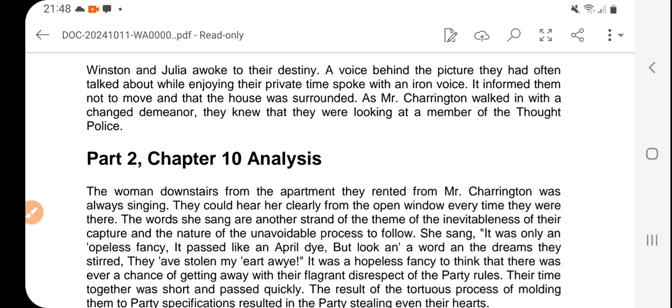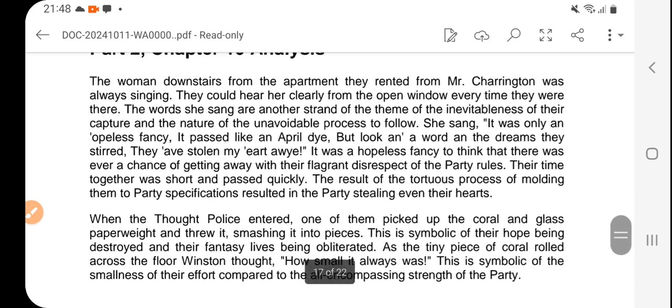And Mr. Charrington shows his changed demeanor, and they knew that they were looking at a member of the Thought Police, and now they understood that Mr. Charrington is also a member of the Thought Police.